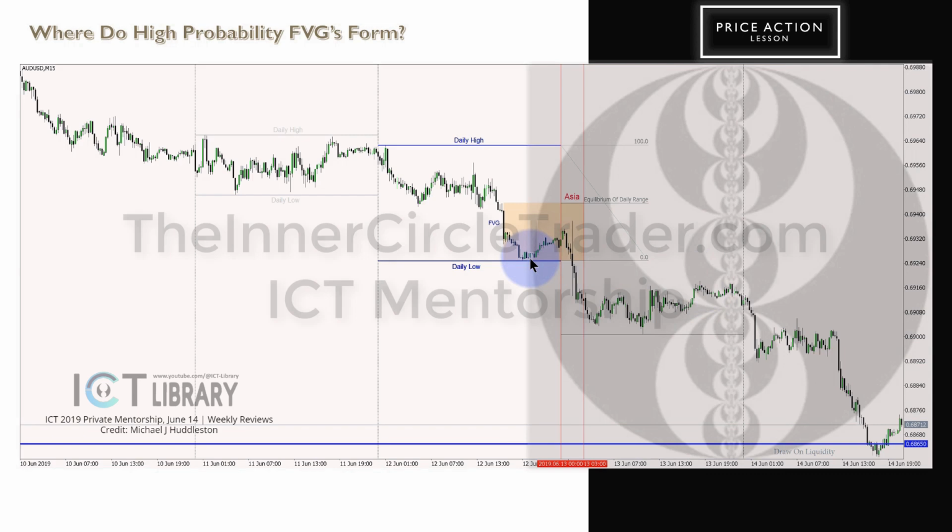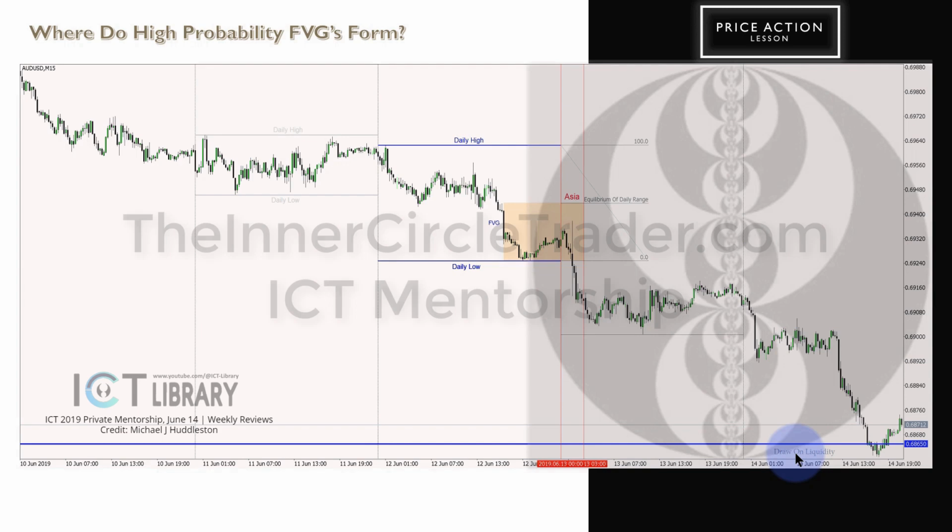In this model, I want you to think whenever we have a fair value gap and it's inside of the lower portion of the daily range of the previous day, in other words, yesterday's daily range, if we divide that in half, in the lower half, when we're bearish, if there's a fair value gap that's formed, that's a high probability, especially if we know there's a draw on liquidity lower than we're at now.